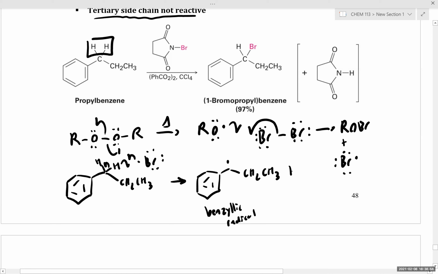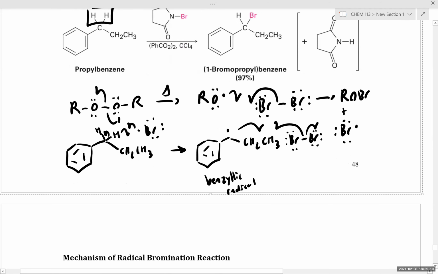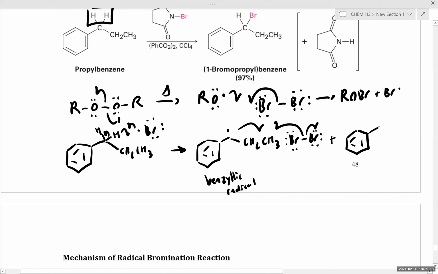And then to continue on the chain, our benzylic radical is going to abstract a bromine atom from Br2, and that in turn will generate our final product. If you'd like to review this mechanism in more detail, this is found in the chapter 7 notes from the previous organic chemistry course.